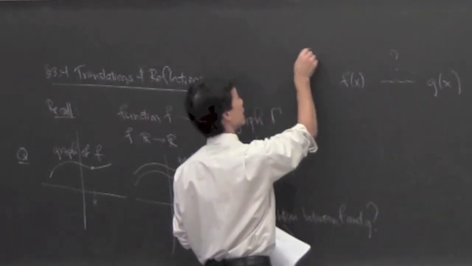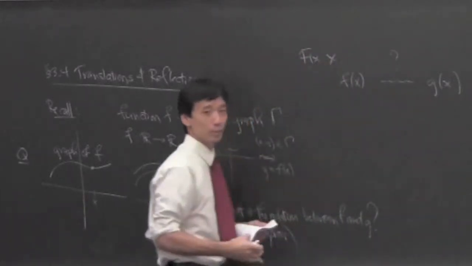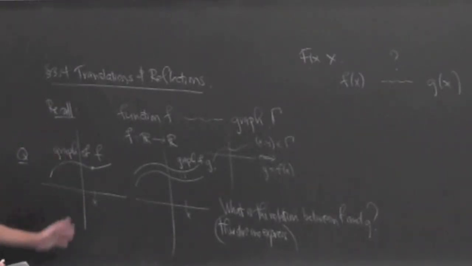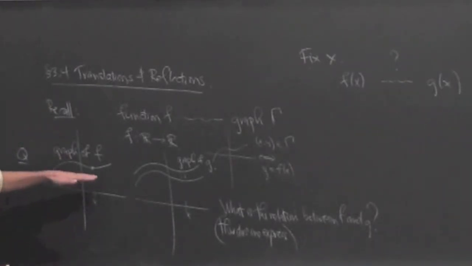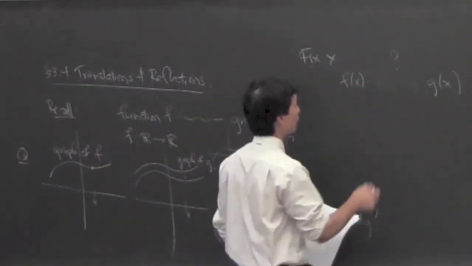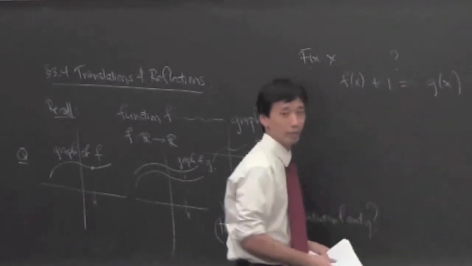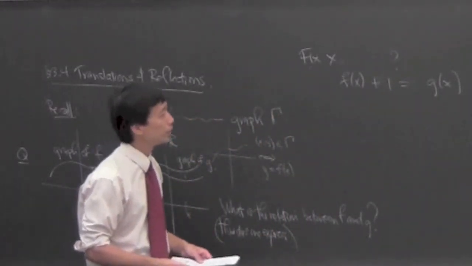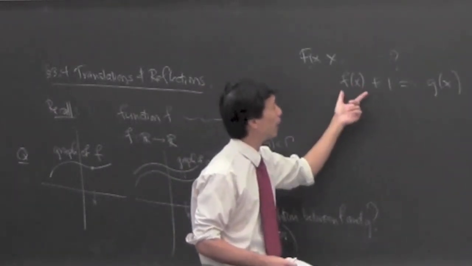Fix x, choose a particular x, and you see what's the relation? G of x is up one on the y-axis. Right. So what does it say? That g of x is one more than... no, g of x is not f of x. G of x is one higher than f of x.